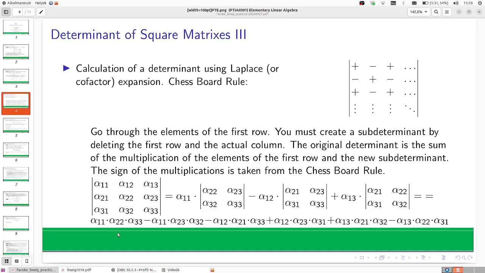I can continue this with the same rule, but I will apply the Sarrus rule, because now we are at 3 by 3 determinants, and it's faster if I do it. Okay, so that's 0. Yeah, we are almost done.